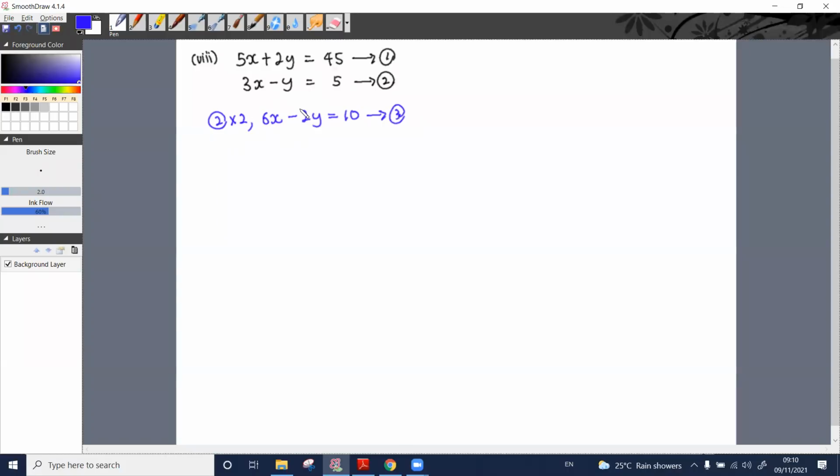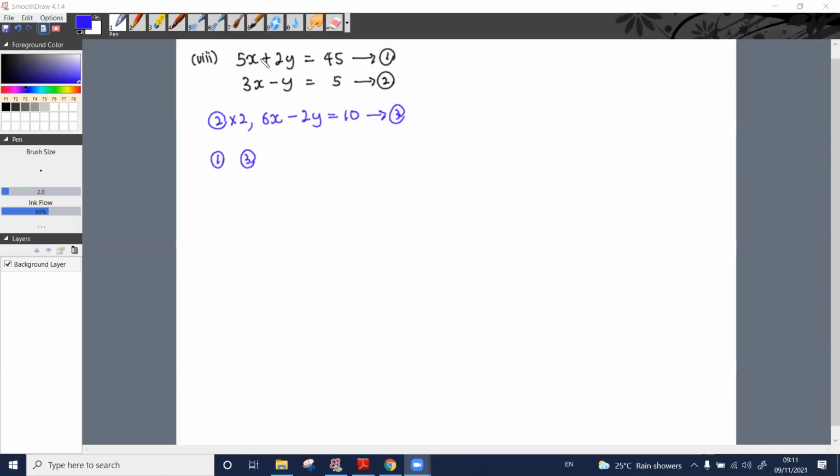To remove y, should we add or subtract equations 1 and 3? What do we do? We made the absolute value of y equal in two equations. It is 2 in the first equation and 2 in the third equation. Now to remove y, should we add or subtract equation number 1 and equation 3? How can we decide that? Yes, we need to add. Why? Because the signs are different.